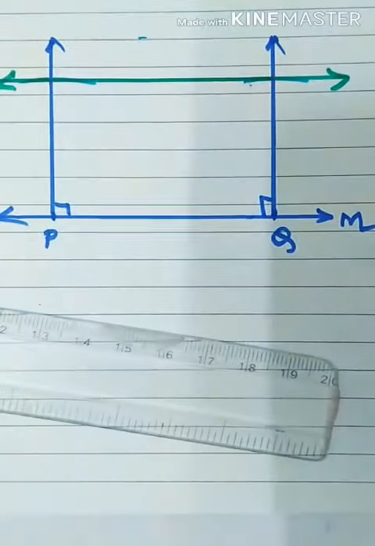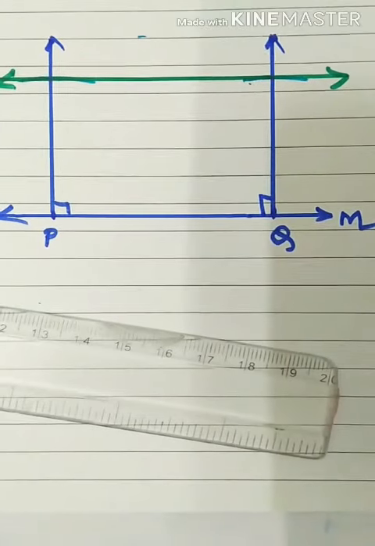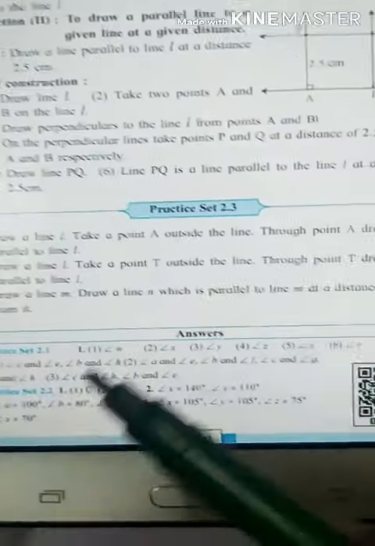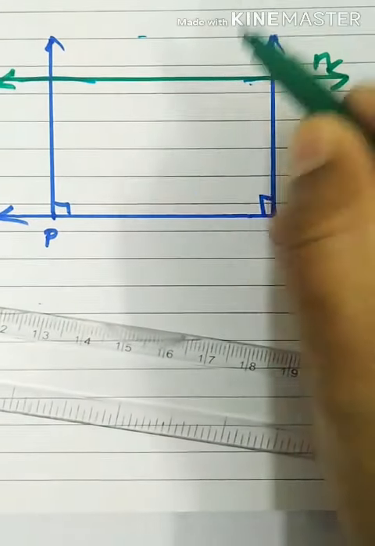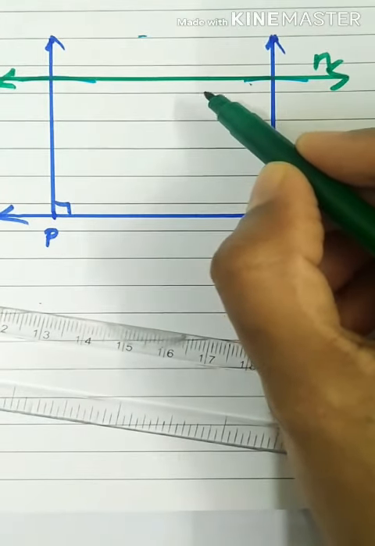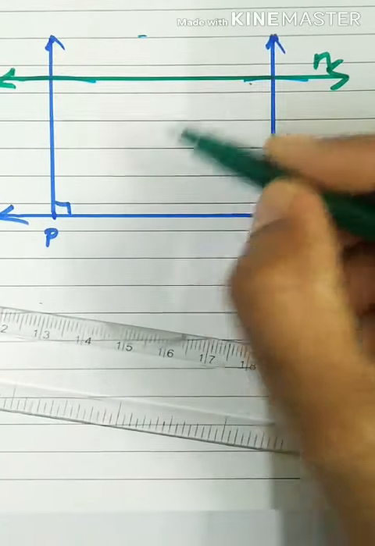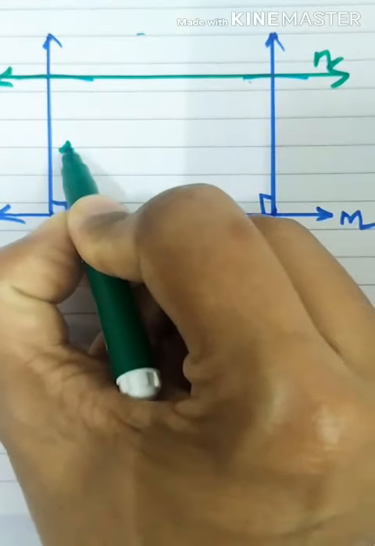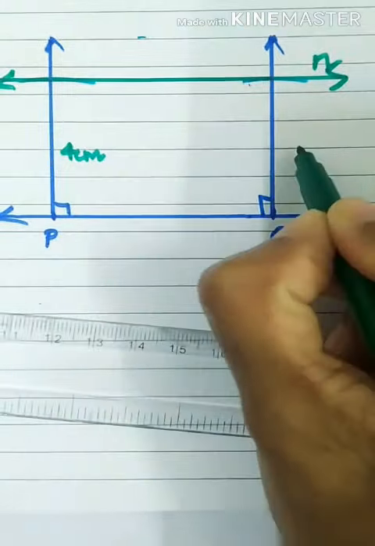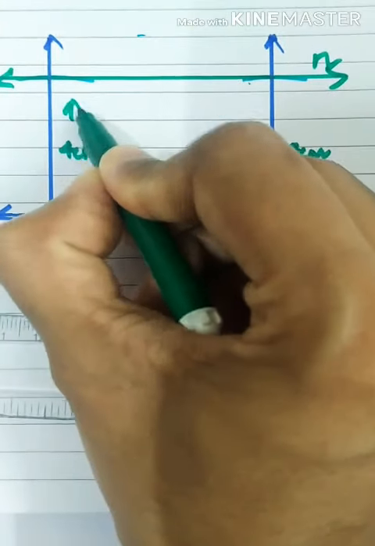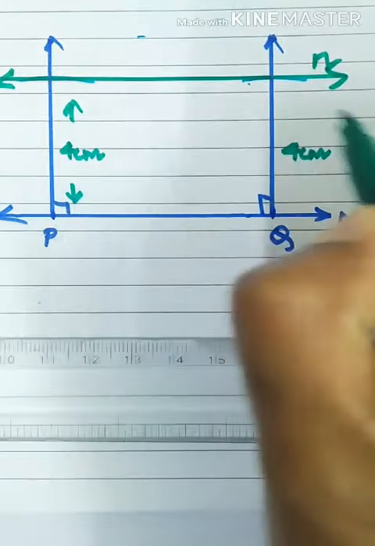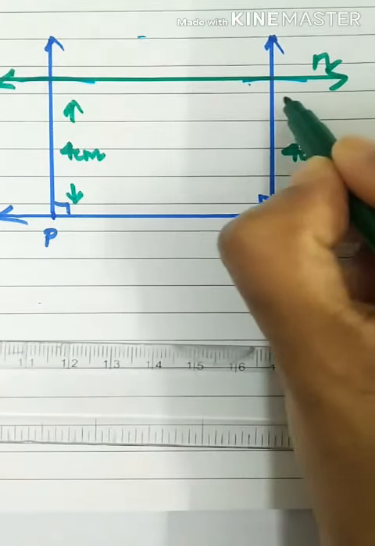This line we have to name as N. In the question it is specified, name it as N. And this line is at a distance of 4 cm, so we'll write here 4 cm.